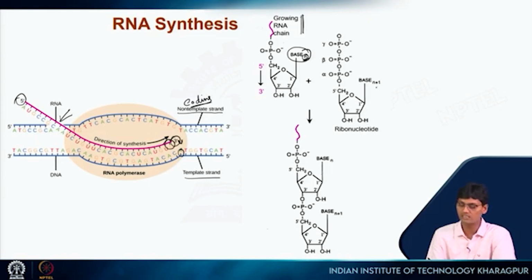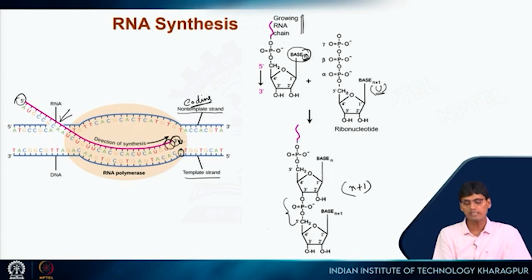So if I say this is nucleotide U, uracil, it will be added here through a phosphodiester bond. Then the total number of nucleotides present in this RNA is n plus 1. This way this RNA will be growing in the 5' to 3' direction. That is all about RNA synthesis.